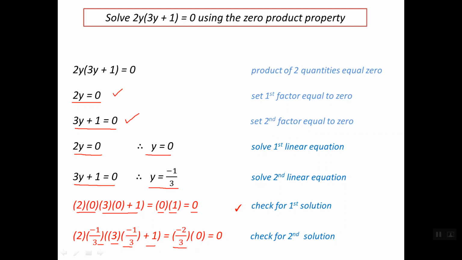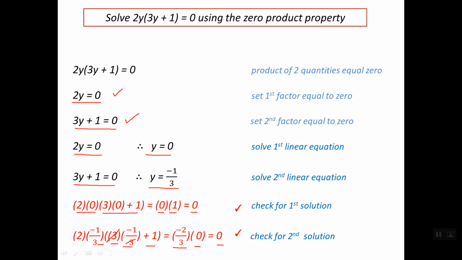And for the second factor, see that the 3 in the denominator cancels with this 3. So the remaining is minus 1 plus 1, which is equal to 0. So any value multiplied by 0 will give us 0. So our second solution is completely correct.